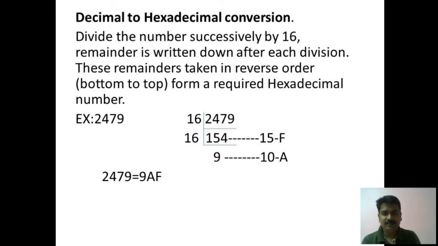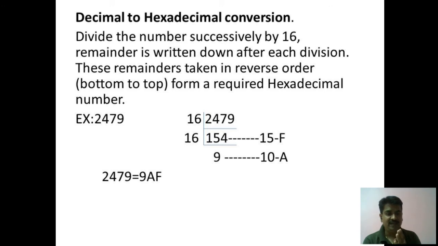Here is an example: 2479. Divide this by 16 and the remainder is 15. Don't write 15, because 15 is not a hexadecimal digit. Instead of 15 you have to write F. Again one more division, and the remainder is 10.